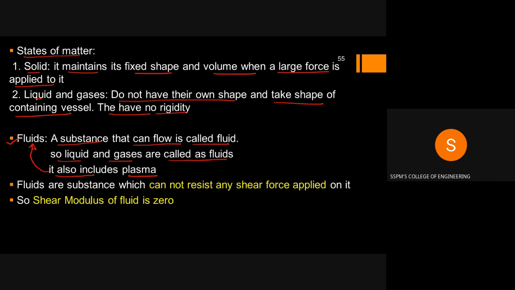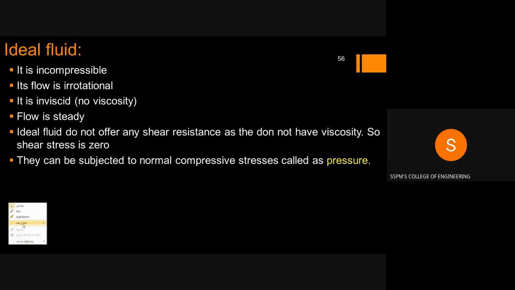So ideal fluids are substances which cannot resist any shear force applied on them. So for an ideal fluid, shear modulus is 0. What are the properties of the ideal fluid? First, it is incompressible.